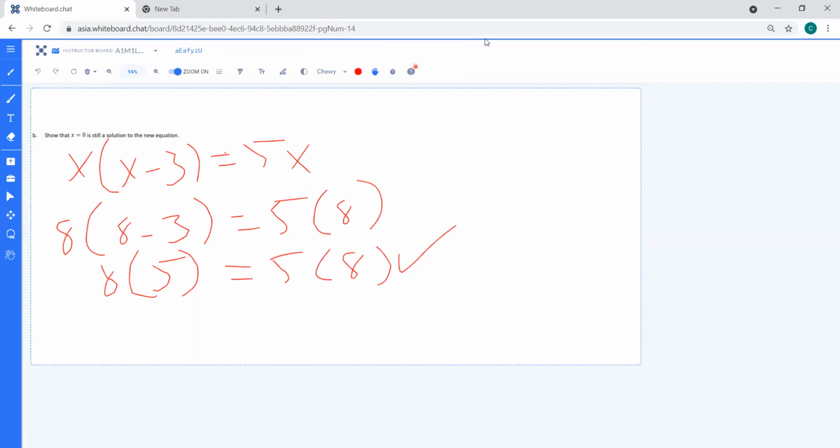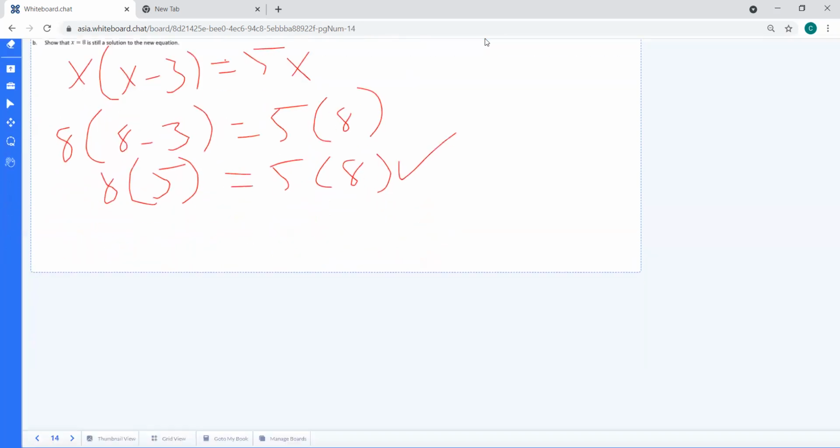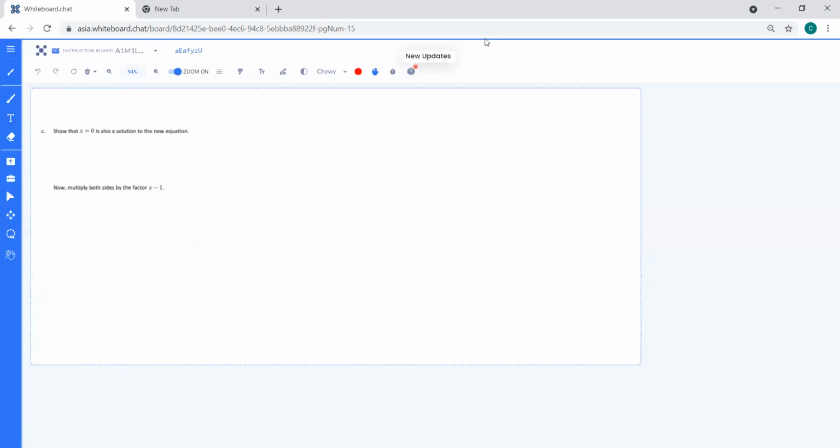Okay. Show that x is equal to 0 as a solution to the new equation. Well, we know that if we multiply anything by 0, that's going to give us 0. So both of these are equal to 0.